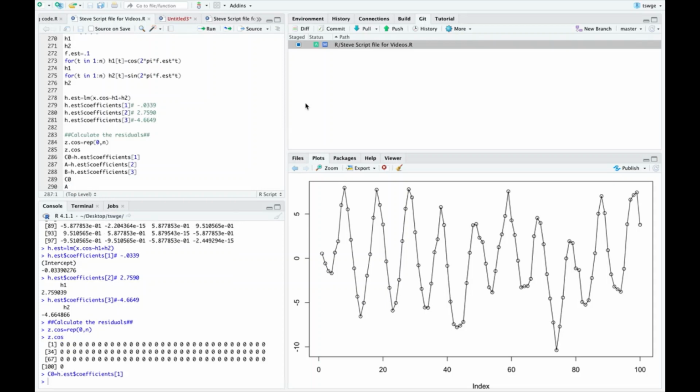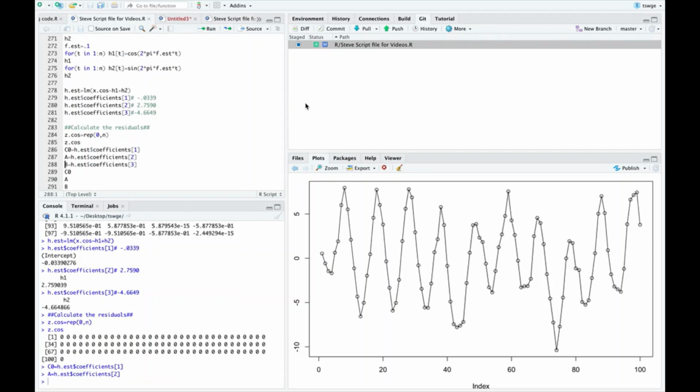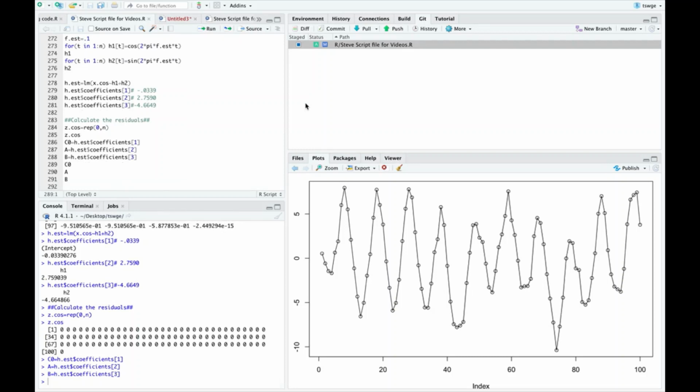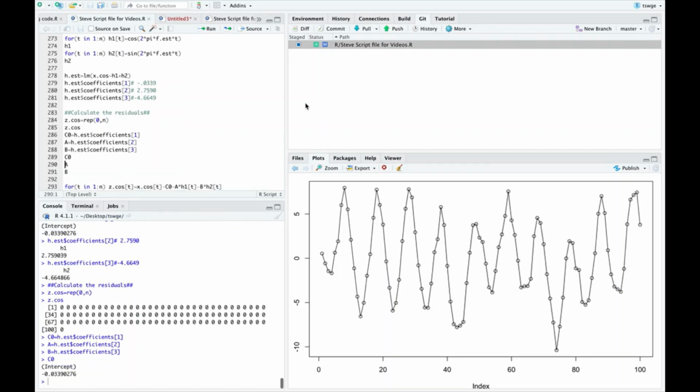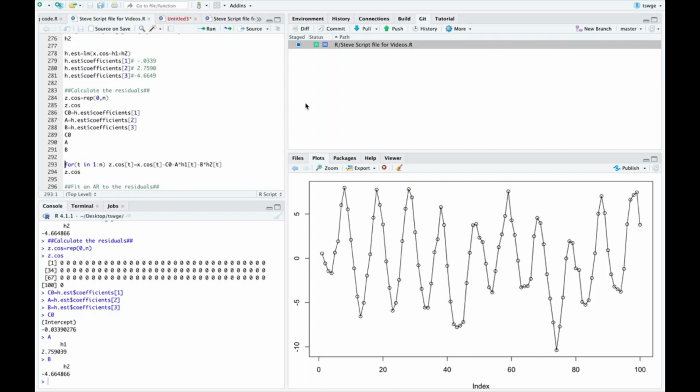Coefficient 2 is our A. And coefficient 3 is our B. Which gives us the values that we had seen before. So we really had some repetition there. We'd already seen that up here. Negative 0.0339, 2.79, negative 4.664. Okay, so we now have our estimates of C naught, A, and B.